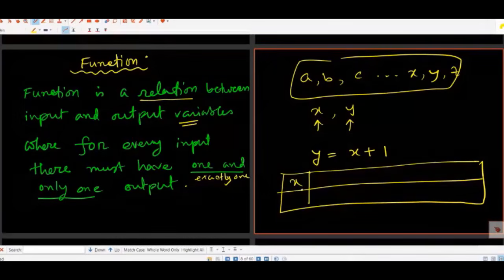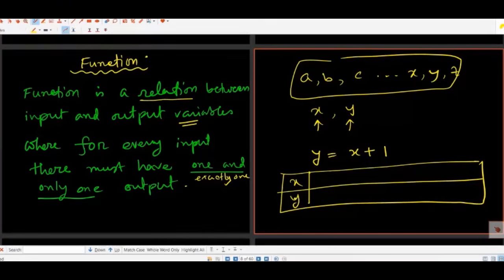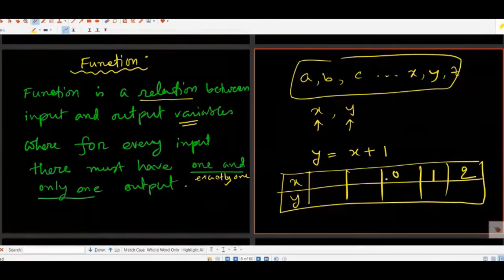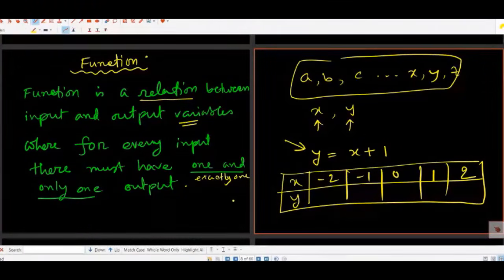So here we can input X, then it is possible to find Y. Suppose we are inputting 0, 1, 2, -1, -2 in this relation.